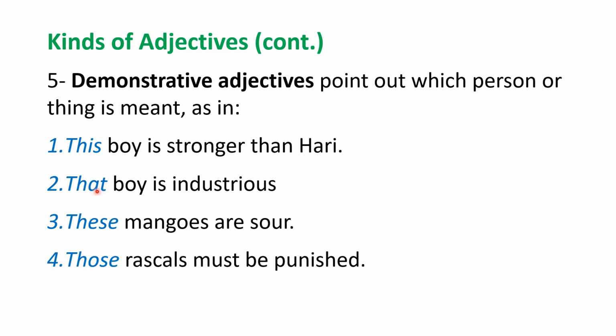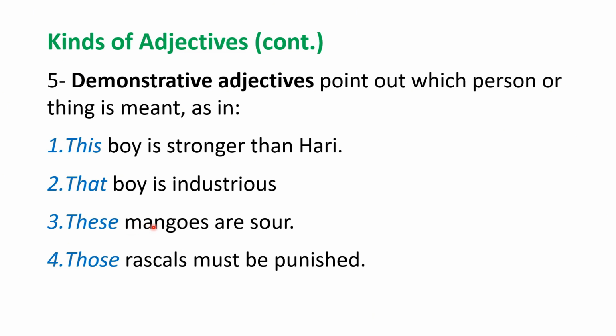Now that is used to indicate something far from you, and that too is used with a singular noun. Okay, that boy. These is the plural of this. This is used for something near or closer to you. These mangoes. And mangoes is a plural noun, therefore a plural adjective here.